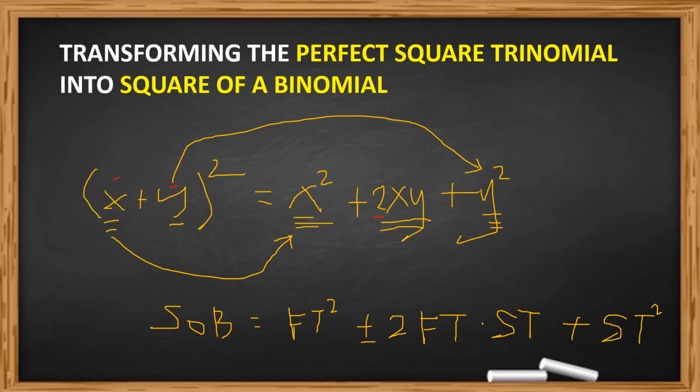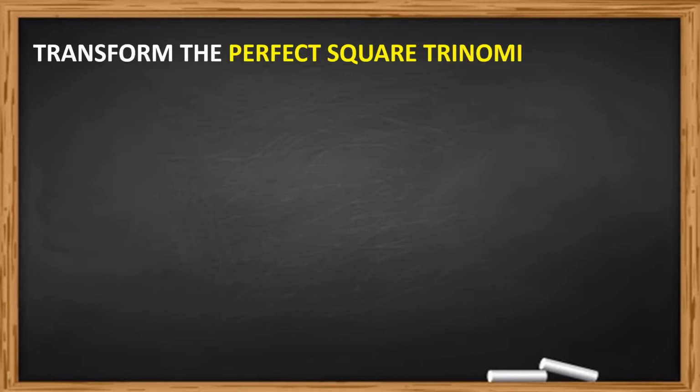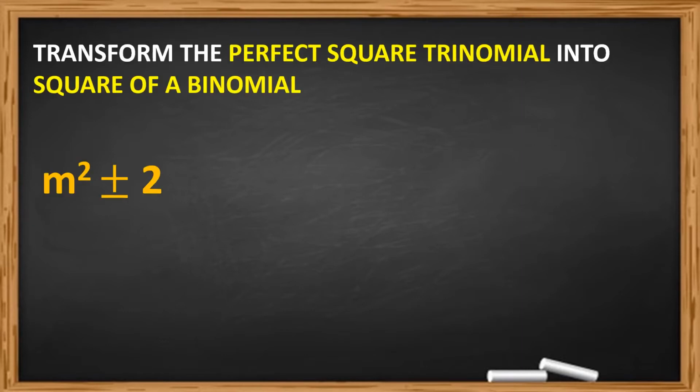Now, what if we will do the opposite? We will transform a perfect square trinomial into a square of a binomial.